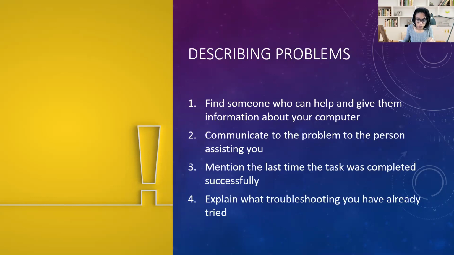Step two is to communicate to the person assisting you what should be happening, or what you want to be happening that isn't happening. And you'll want to read verbatim any error messages that you're getting when you try to accomplish the task.